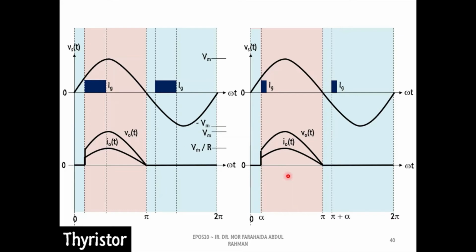Hence, the width of the gate signal does not affect the thyristor's operation. Based on these waveforms, we can say that the operation of thyristors only depends on the starting time of the gate signal.